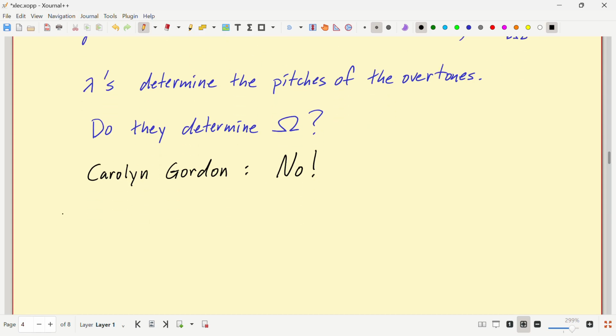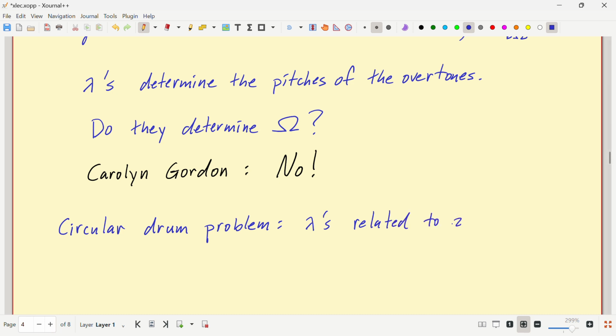The fascinating thing is the circular drum problem. The lambdas turn out to be related to zeros of the Bessel functions. And those are pretty special. And so another question is, can you tell if your drum is circular?